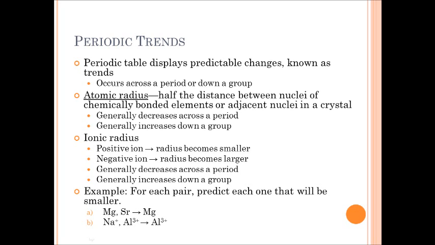The first property is the atomic radius, and it's basically half the distance between two chemically bonded elements. It's basically the radius of an atom. And generally it decreases across a period and increases down a group.